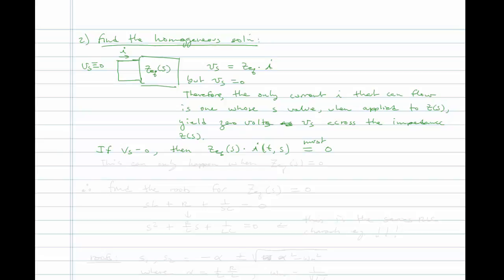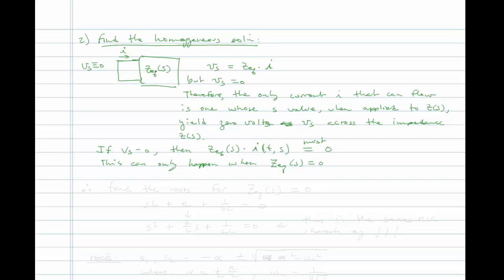How can this happen? Except for trivial cases where I is 0, this can only happen when Z is equal to 0. Any other Z that's not 0, when multiplied by some current that itself is not 0, will produce something other than 0 volts, and that we can't have. That might exist, but not for the homogeneous case. That would exist if you were driving the system with that particular voltage.